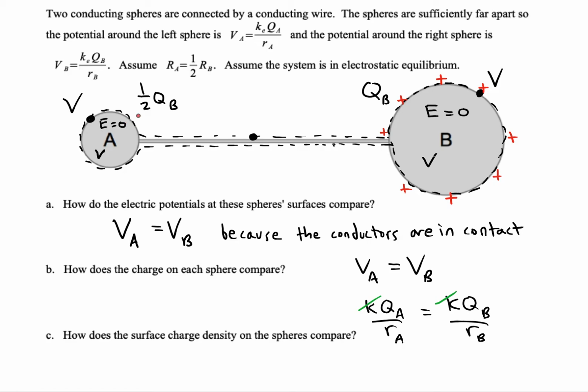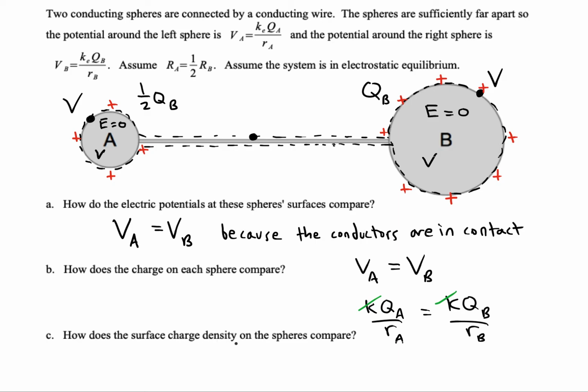We want half as much on this sphere. So I had 8 pluses on sphere B, so I would want 4 pluses on sphere A. It may seem at first like it's proportional, but we can't neglect the three-dimensional nature of spheres here.